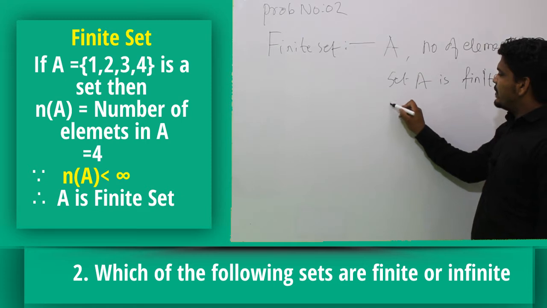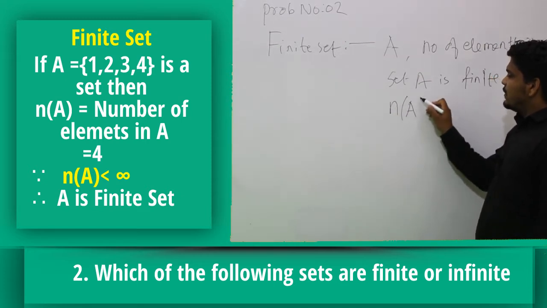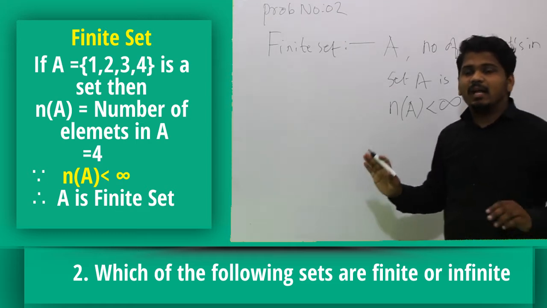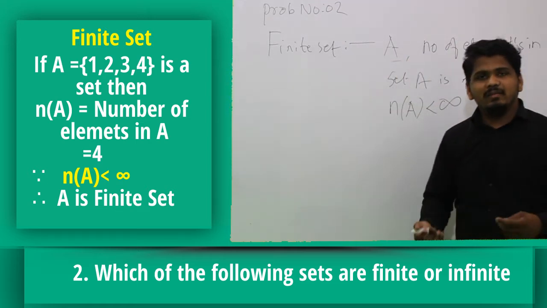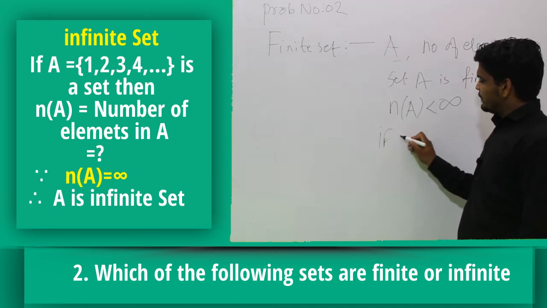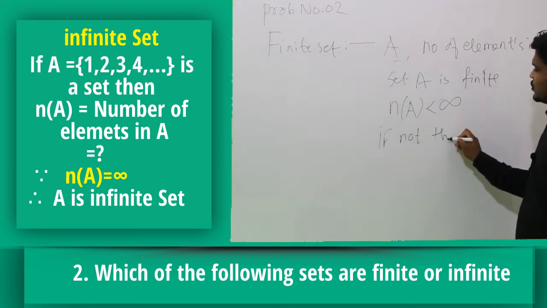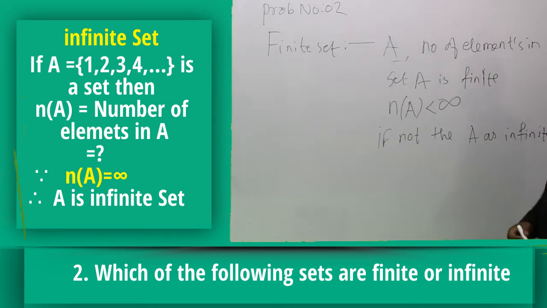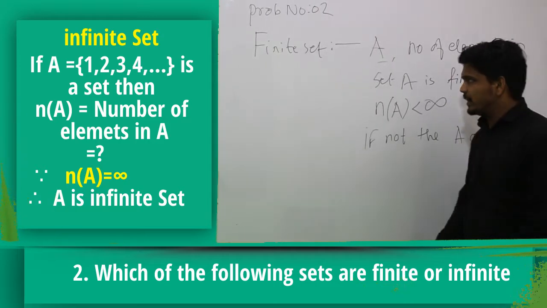Means number of elements I will denote by n of A. If this is finite, that time you will call your set A a finite set. If it is not so, then you call A an infinite set. Okay, this is all about finiteness and infiniteness.